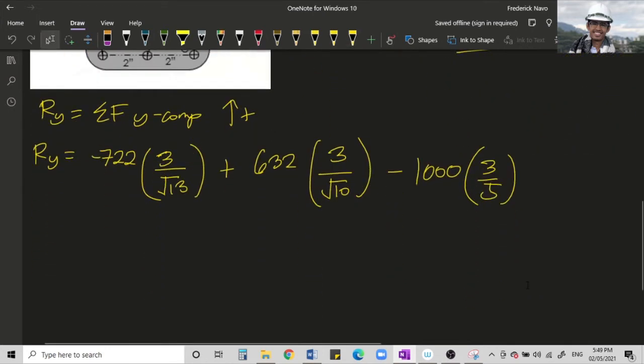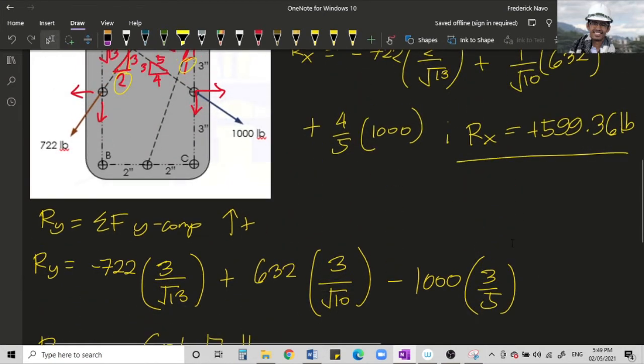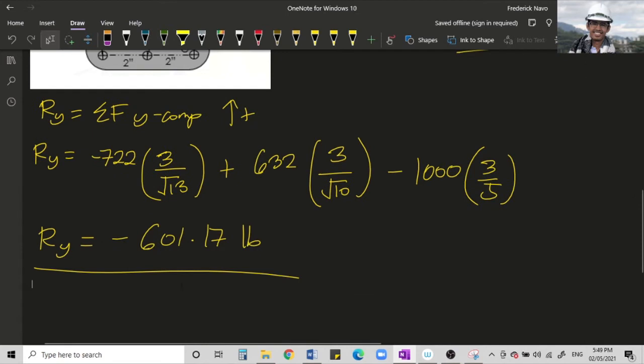Ayan. And for Ry, that will be equal to the summation. Simplify lang natin equation natin. So that will give us negative 601.17 pounds. Okay. So nakuha na natin yung Rx and yung Ry natin.